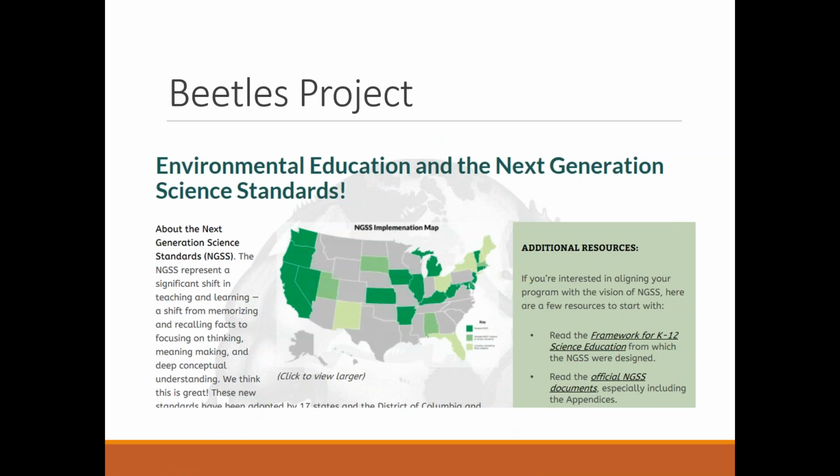Another resource that I would recommend is the Beetles Project. And Beetles is out of the Lawrence Hall of Science, and it consists of both some training modules for non-formal environmental educators, as well as student activities.